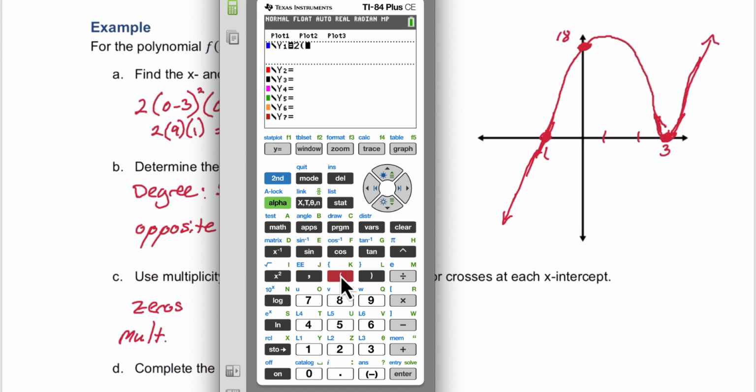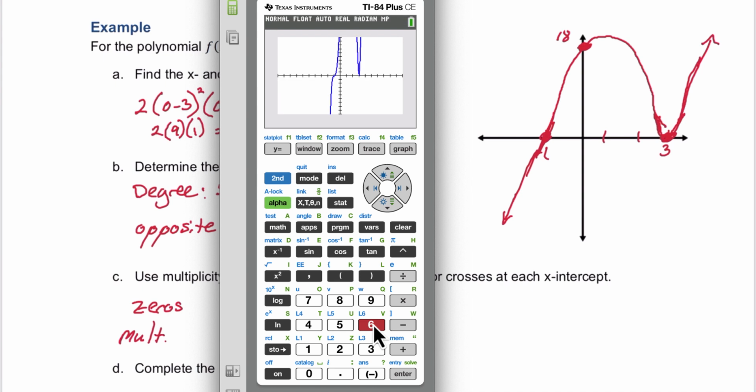2 times (x - 3) squared times (x + 1) raised to the 3rd. I'm going to zoom 6 to go back to the standard window.